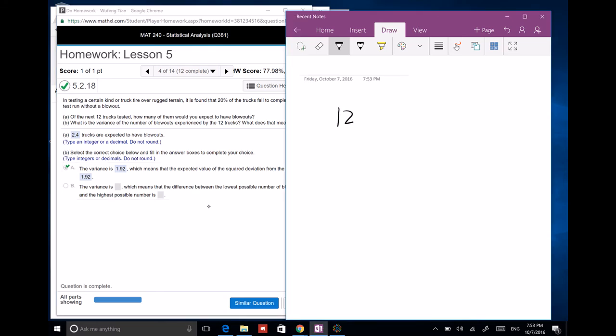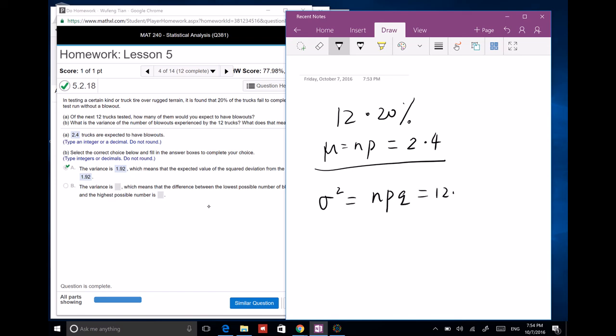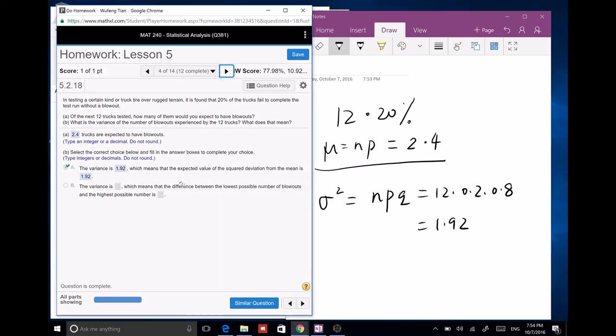So 12 times 20%, which is mu equals np, which is 2.4. That's the mu. And then we also have the variance. The variance is npq, so equals 12 times 0.2 times 0.8. So the answer is going to be 1.92. This is the easy one.